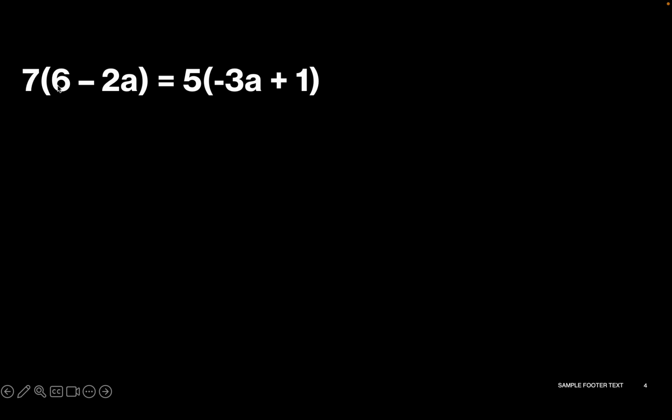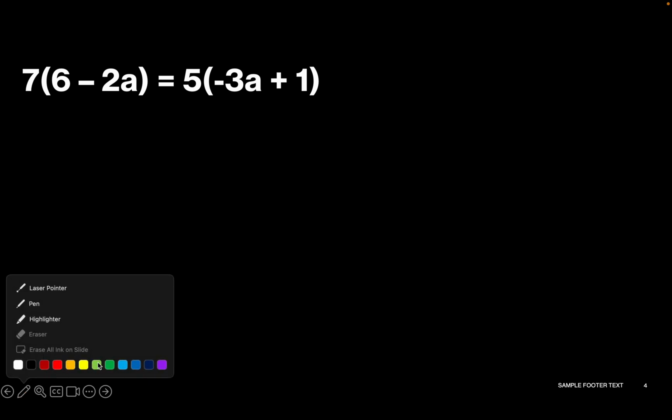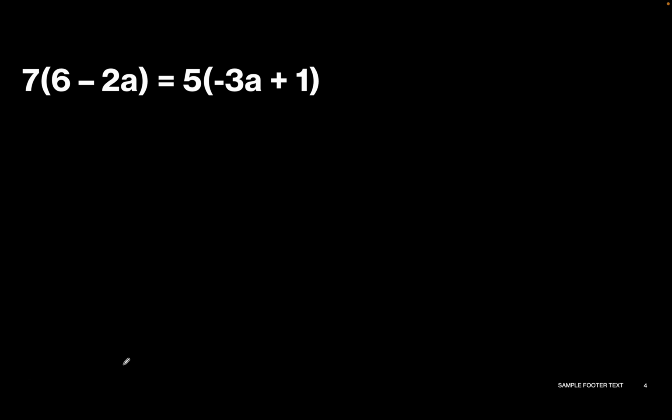All right, 7 times 6 is, whoopsie, happens every time I advance. Let's see, what color should we do? Something light, because it's a black brown. All right, 7 times 6 equals 42. 7 times negative 2 is minus 14a.